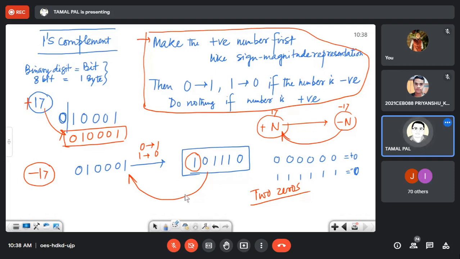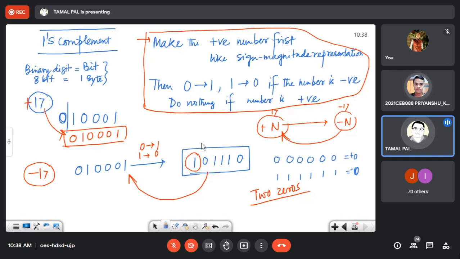You remove the sign bit and convert the rest into decimal like an unsigned value, and then place a negative sign before it. That is the difference between unsigned conversion and sign bit conversion.